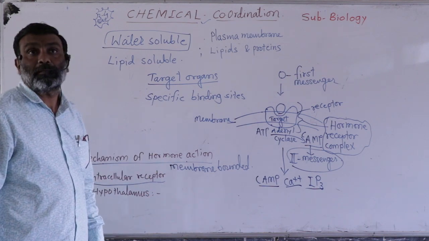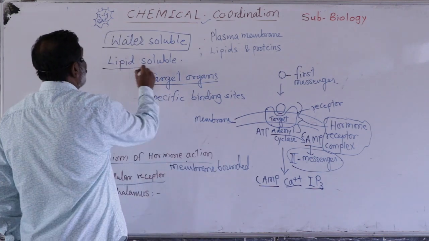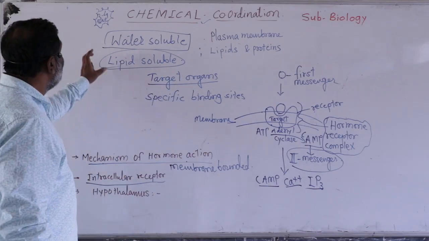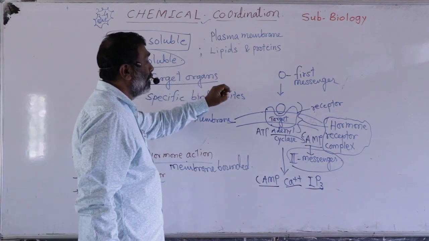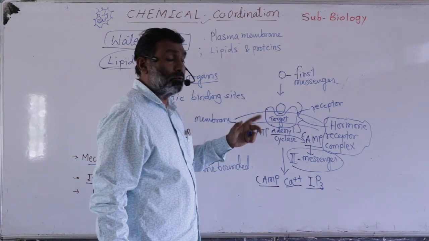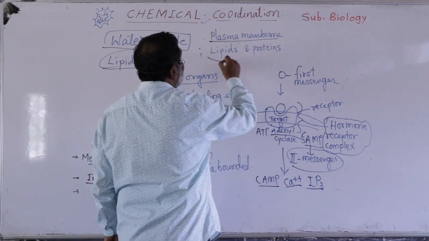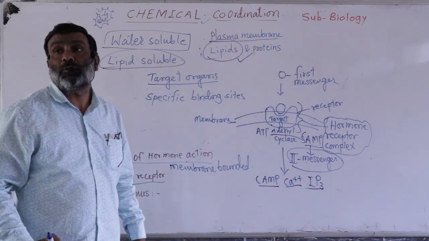intracellular receptors. What happens? Certain hormones are lipid soluble. When a lipid soluble hormone comes to the target organ, we know that the target organ has a plasma membrane which also consists of lipids and proteins.